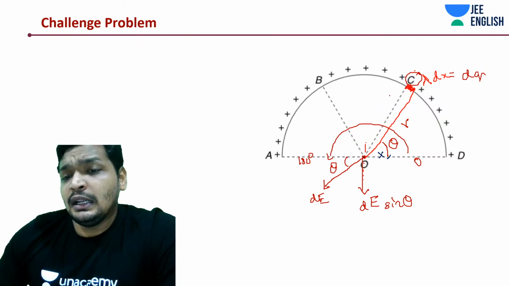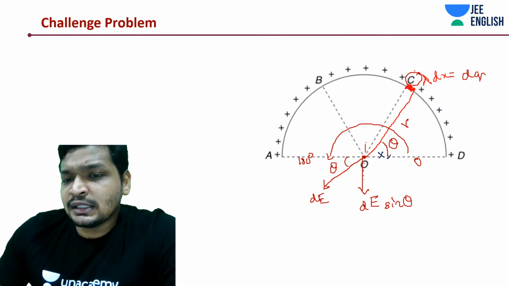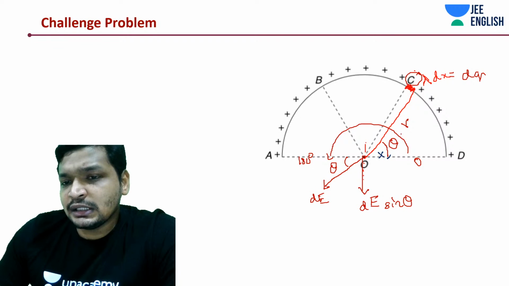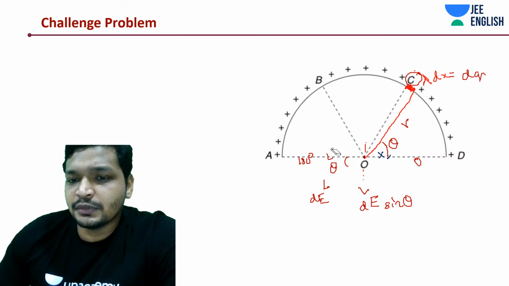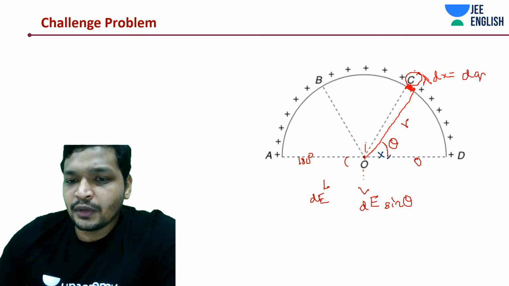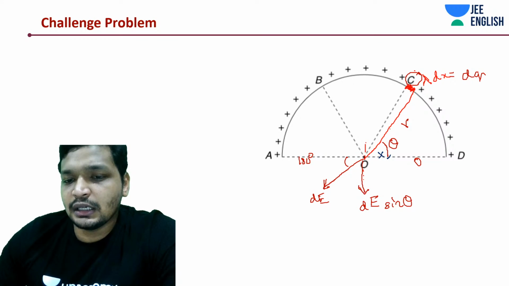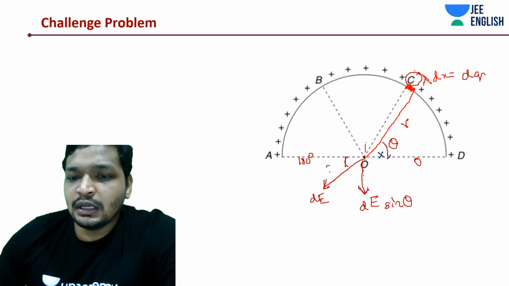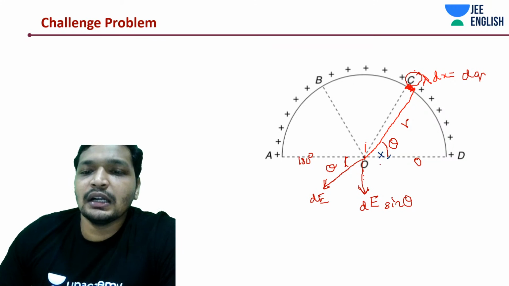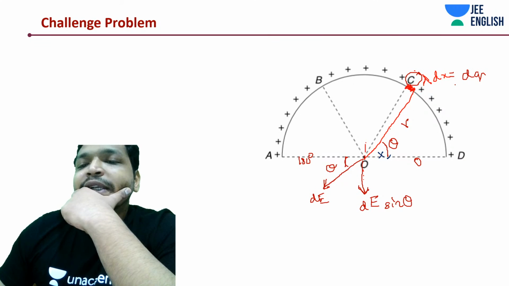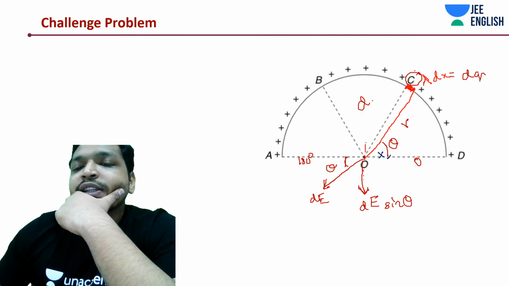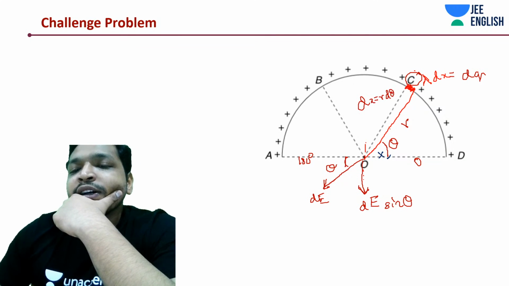But let me ask you a question. This is radius r. This is theta, for some angle theta. I'll erase this part. It goes from 0 to theta. You understood all of those parts. And I'll just keep this part over here. Let this field be there, etc. So this is theta. You understood, due to alternating angles, etc. Now the question is, what is dx in terms of r and theta? Isn't it r d theta?